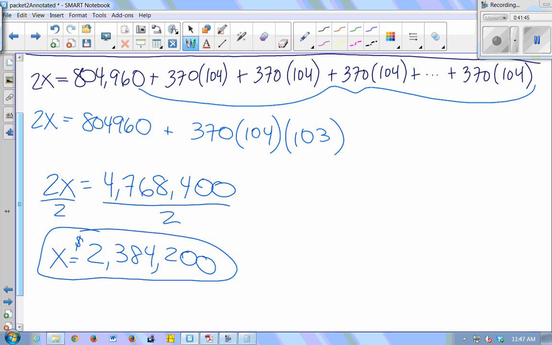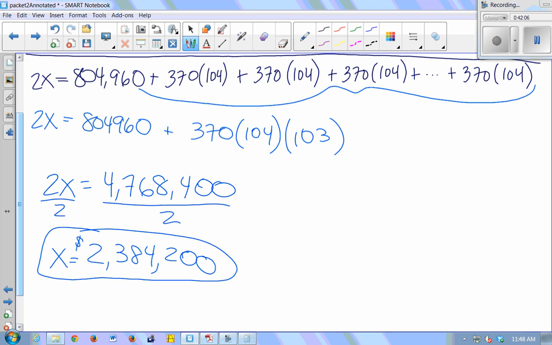This 103 right here represents, yes, the number of weeks that we're going to be storing the newly produced widgets. Exactly.